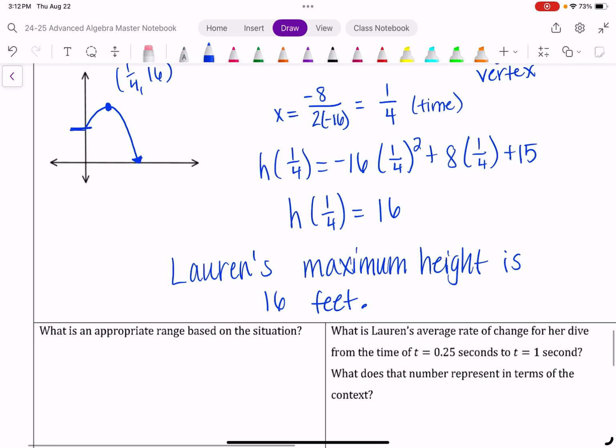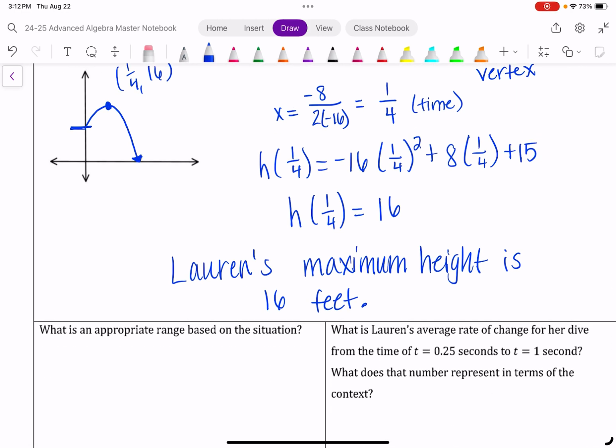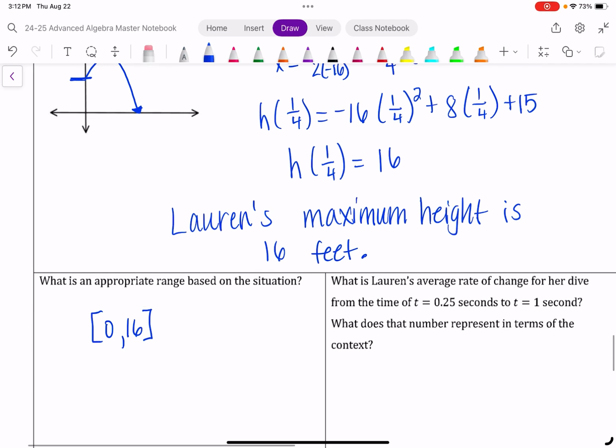So what is the appropriate range based on this situation? Well, it's going to go from 0 when she gets into the pool up to 16. It says, what is Lauren's average rate of change for her dive from the time of t equals 0.25 seconds to t equals 1?